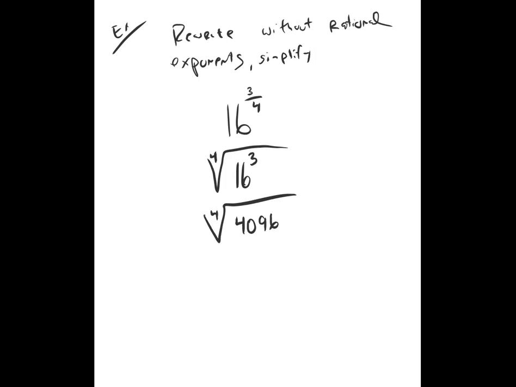Then from there, you should be able to work this out by putting it into your calculator and working it out if you wanted to. It gives you an answer of 8. Once again, 8 times 8 times 8 times 8 should give us that answer. Any questions with this example?